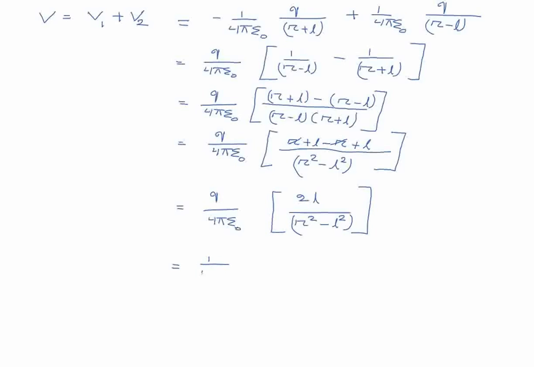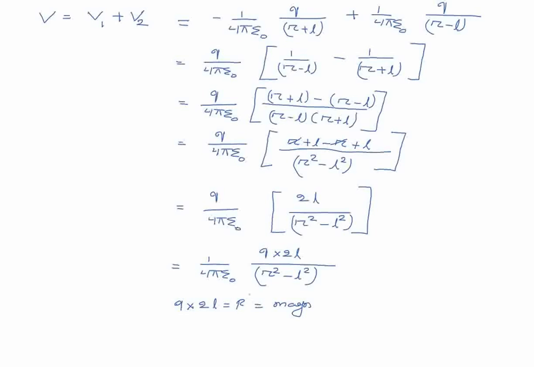1 by 4 pi epsilon naught, this is Q into 2L divided by r square minus L square. But we know that the magnitude of electric dipole moment is equal to the product of magnitude of either charge and the separation between them. So here Q into 2L is equal to the magnitude of the electric dipole moment, that is small p.